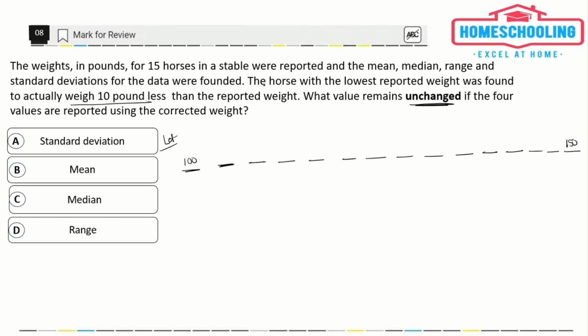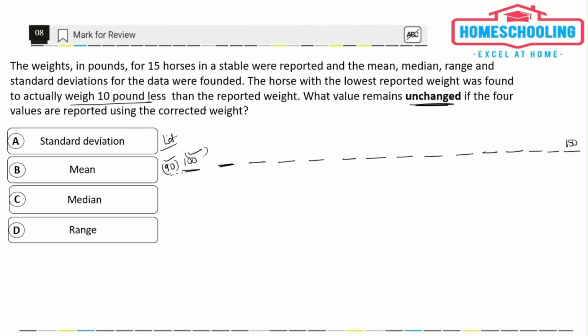But in the question, it is given that the horse with the lowest reported weight actually weighed 10 pounds less than the reported weight. So in reality, it was reported at 100, but the lowest weight horse was only 90 pounds. So instead of 100, we will have 90.